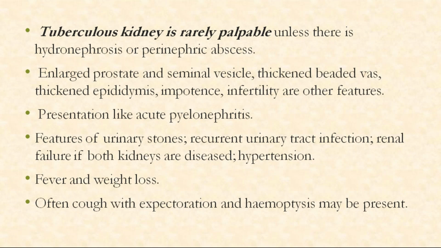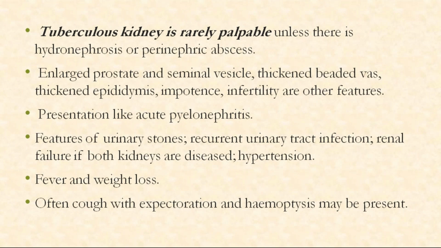In long-standing cases, there may be signs of development of urinary stones. This urinary stone is mainly due to urinary tract infection. Recurrent urinary tract infection is likely to develop urinary stones. So renal stones, hydronephrosis occur, and the patient may go into renal failure when both kidneys are involved. These kidneys usually lead to hypertension.